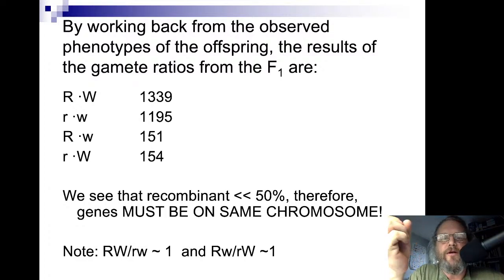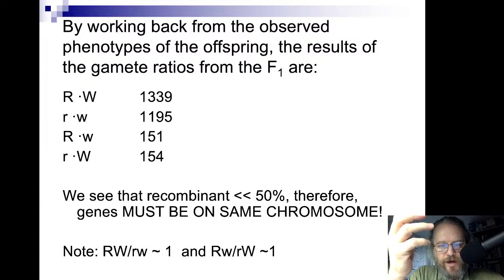They're the recombinant type. Now these, obviously this is a difference of 100 or so flies, and so while the 2 numbers are not exactly the same, they're close enough to say that these must be the parental type. There can only be 2 types, recombinant and parental, when you have a 2-point cross. Okay, so that's the point here. Notice that the parental types, the ratio is about 1, and the recombinant types, the ratio is about 1.